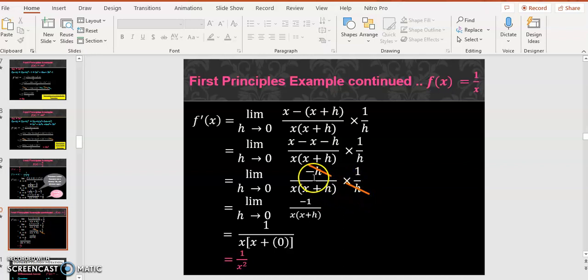Okay, then this minus h and this h are going to cancel out. So it's going to remain with, remember, there's 1 in front here, so it's negative 1. So it's going to be negative 1 times 1, which gives us negative 1. Alright, all over x times bracket x plus h.